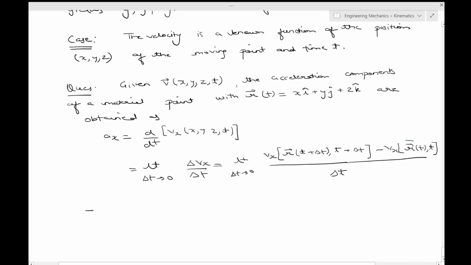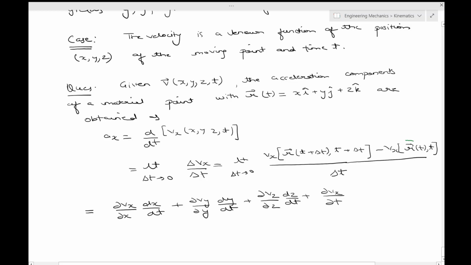Now this is written as dou Vx by dou x dx by dt plus dou Vy by dou y dy by dt plus dou Vz by dou z dz by dt plus dou Vx by dou t.